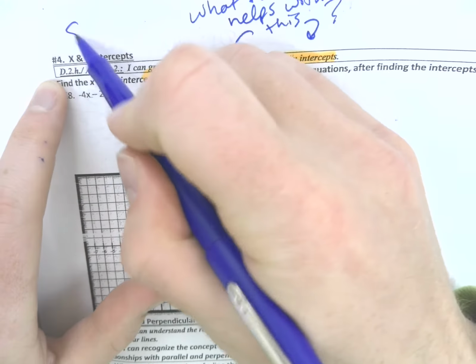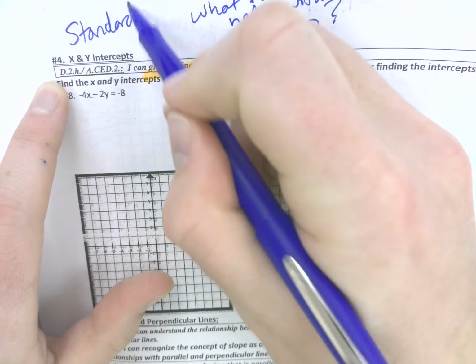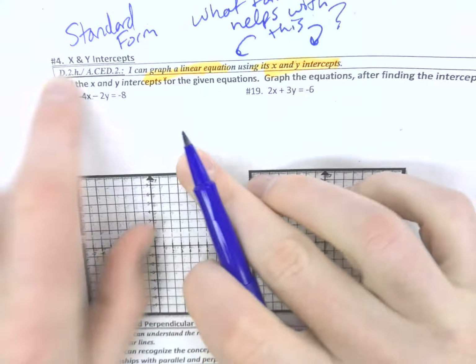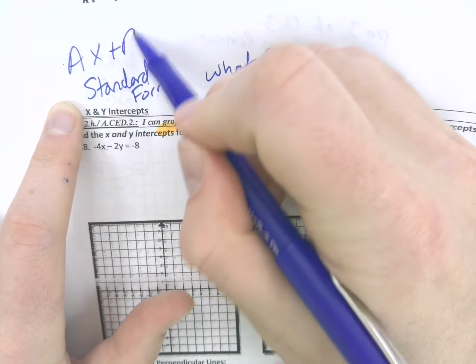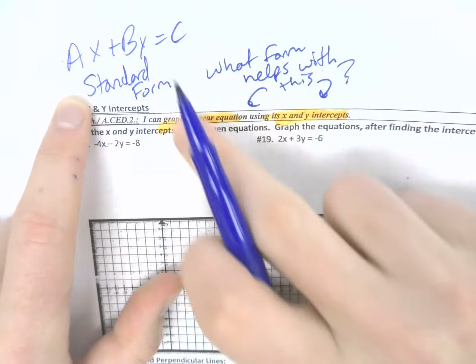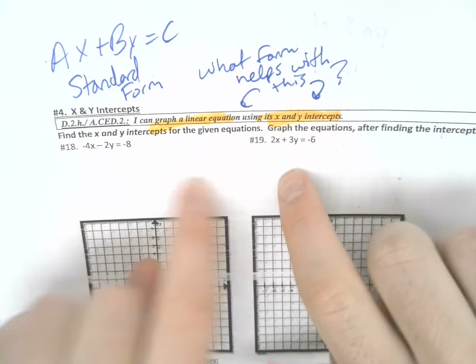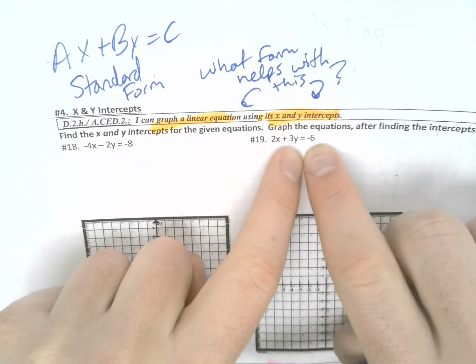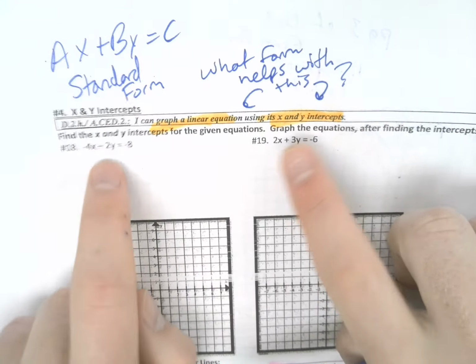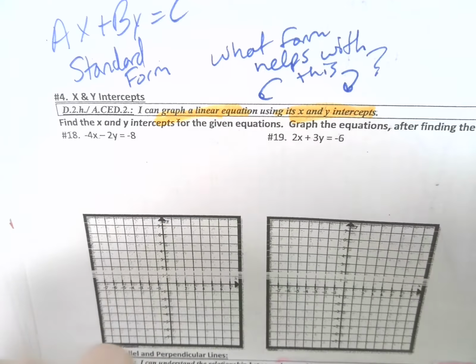That's right, standard form. And we saw standard form yesterday. That is ax plus by equals c. And I want you to notice something. This is already in standard form, which is perfect.